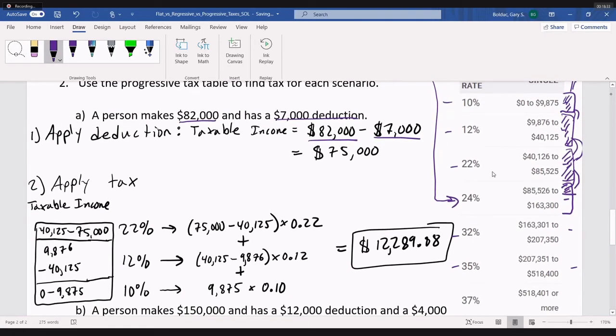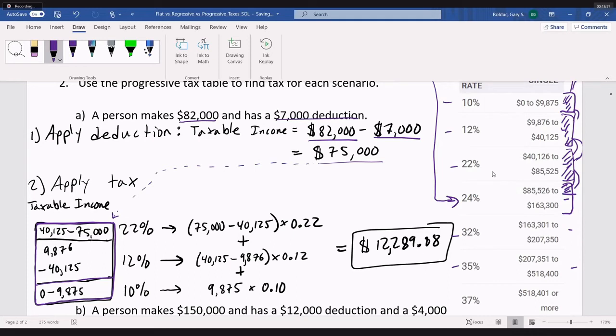Well, what happens is we take our $75,000 and we put it over here, right? And so this big purple box here represents all of my money, all my $75,000 that I earned. That's taxable. And what I do is I chop it into pieces. Here is the first chunk of money.